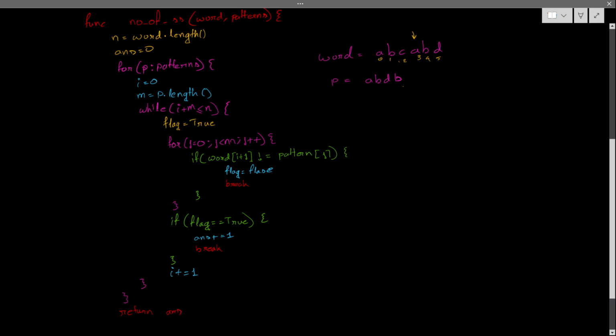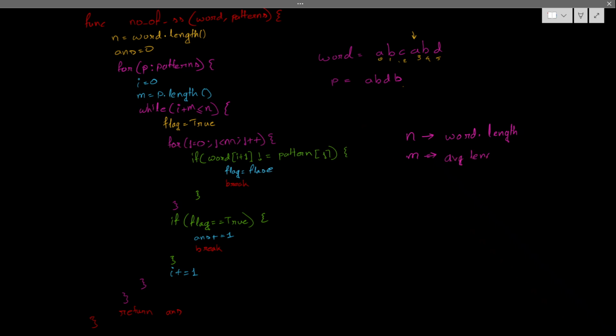Return the answer. So what will be the time complexity and space complexity? First, let's define something. Let n equal the length of the word, word.length. Let m equal the average length of the patterns, because the pattern lengths are not constant and could differ.